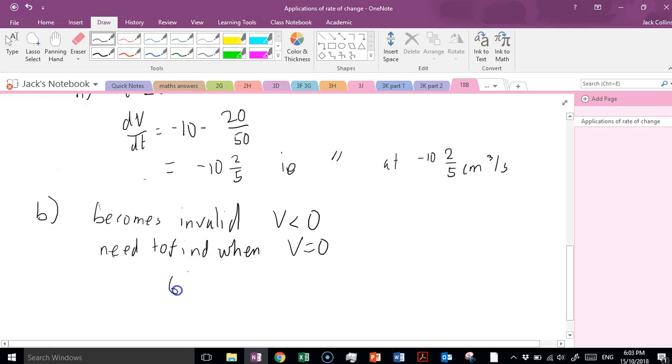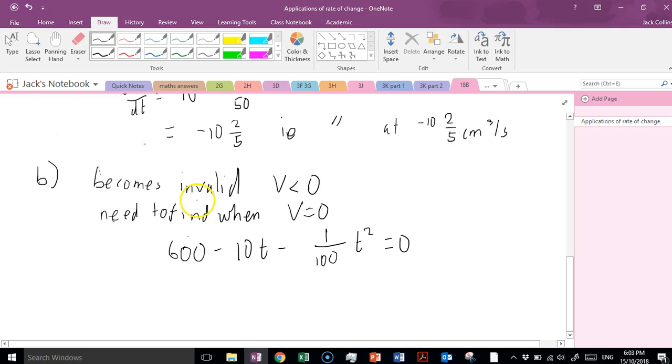So when 600 minus 10t minus 1 on 100 t squared is equal to 0. This is in a quadratic form, which would make you think quadratic formula. It's just in a different order, so the coefficient of the squared term is a, the coefficient of the regular term is b, and the last one is c.